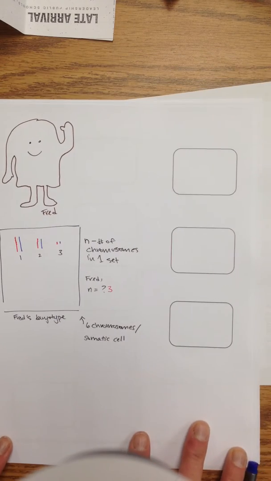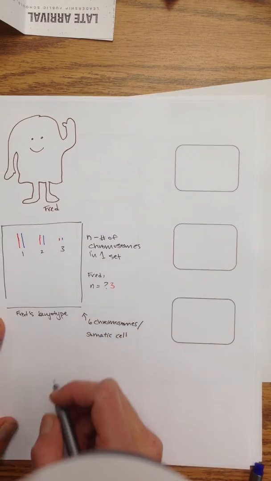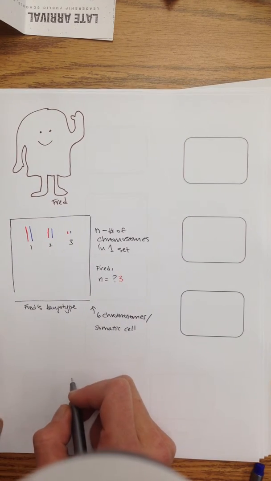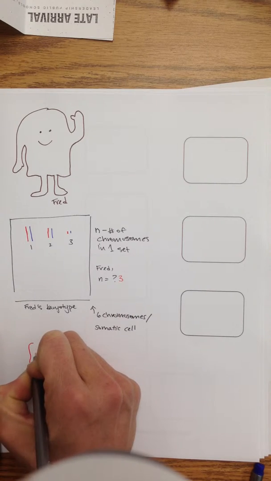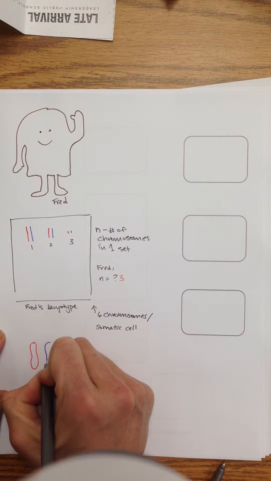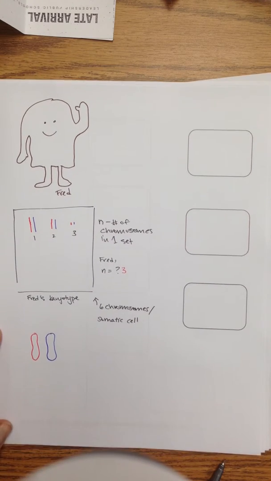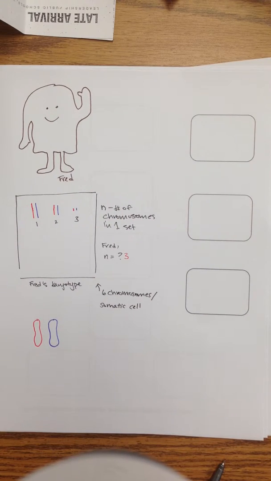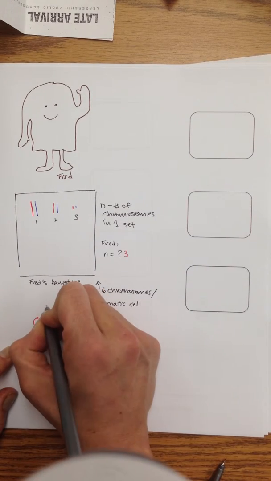I'm going to draw some pictures over here because I never showed this to you before, but I'm going to show you what it looks like when a chromosome goes through S phase. So up on the board I have 2 homologous chromosomes. So I'm going to draw Fred's chromosome 1s in a much prettier way. These are chromosome 1. They're my homologous chromosomes.